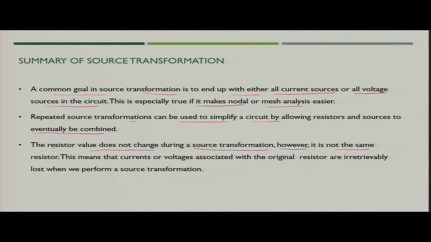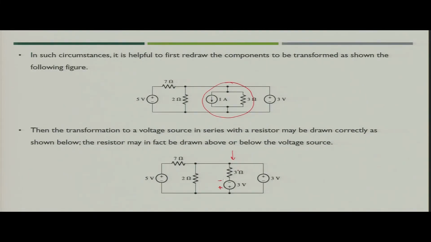However, it is not the same resistor, that means that the current or voltage which are associated with the original resistor are irretrievably lost. That means that the transformation which you are doing, the same 3 ohm resistance will not give you the same output, meaning now the location of the 3 ohm resistance has been changed.